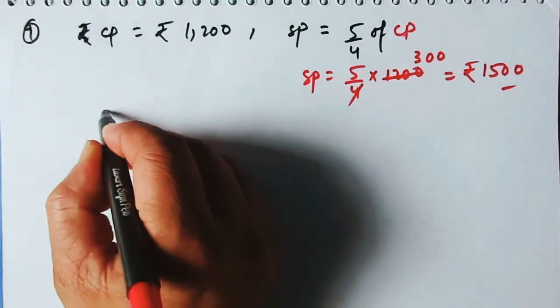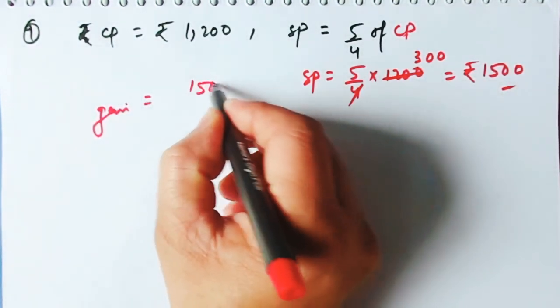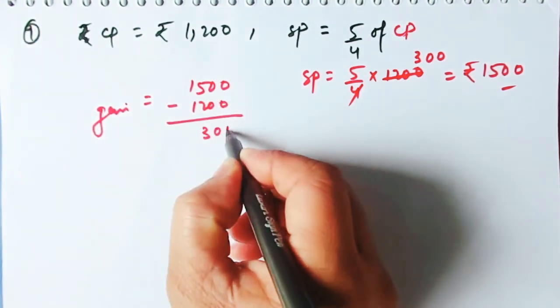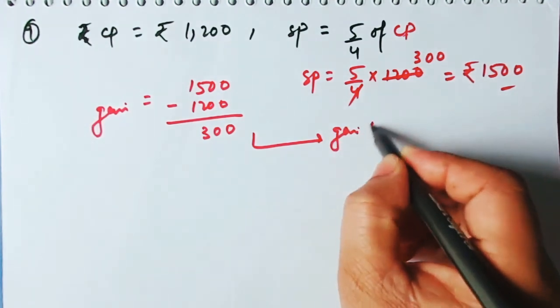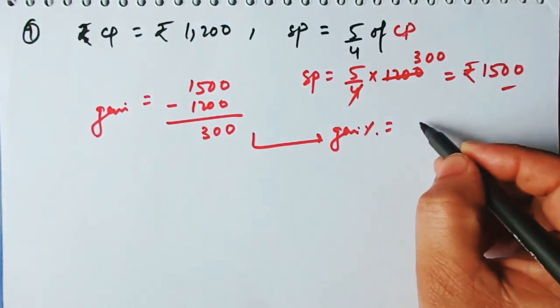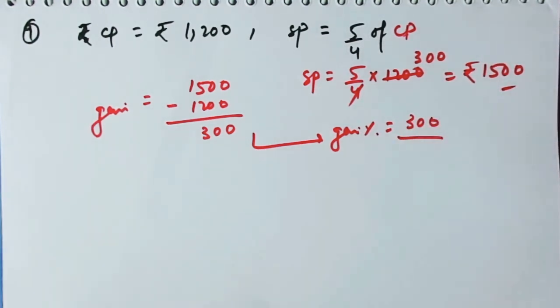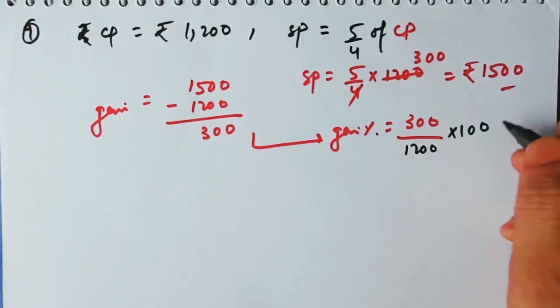So can't you find out the gain? Of course you can. Gain is equal to the selling price minus cost price, which is equal to 300. And gain percent is equal to gain by CP into 100. Where is the gain? 300. Where is the cost price? 1200 times 100. Very good.